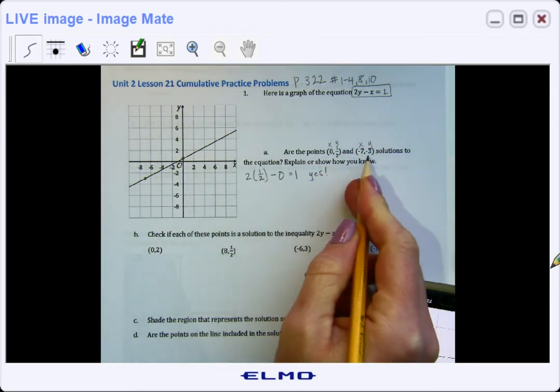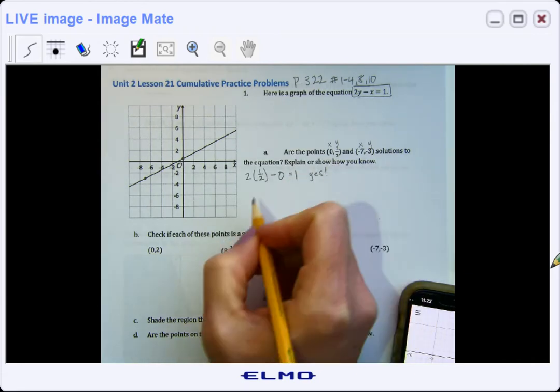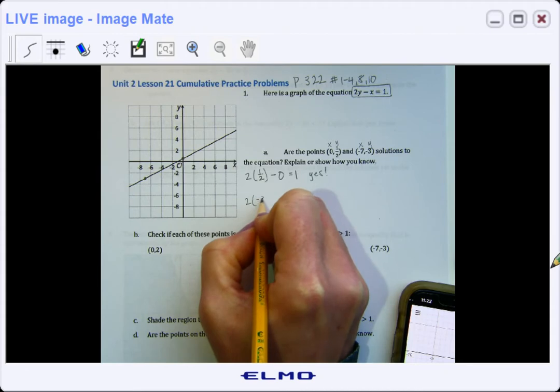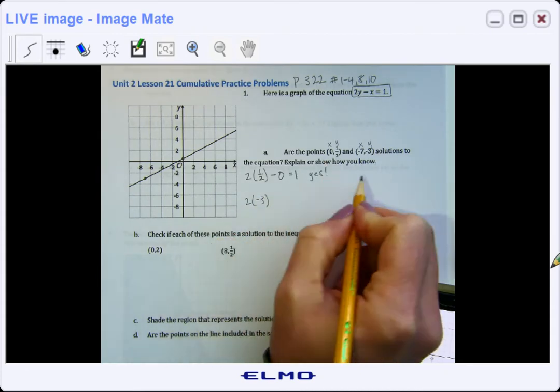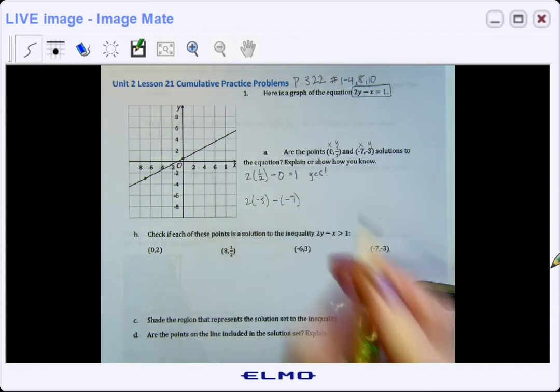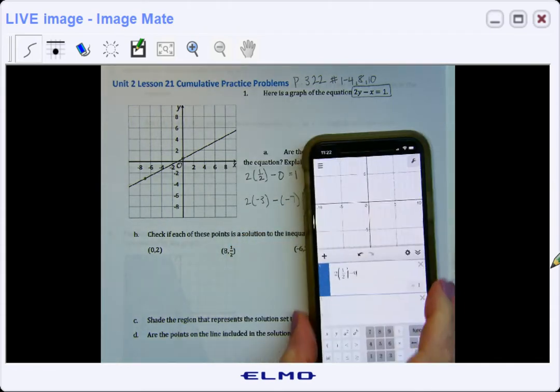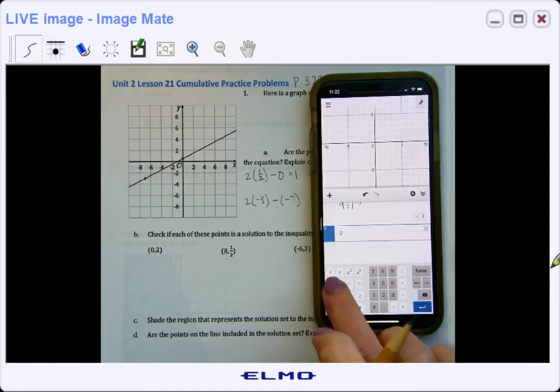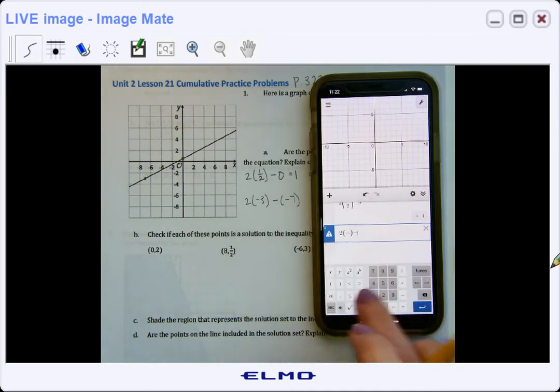And then for -7, -3. So -3 is the y value. So 2 times -3, and then -7 is the x value, so minus -7. Again, I'll just use my Desmos app here to figure that out. So 2 times -3, and then minus -7.